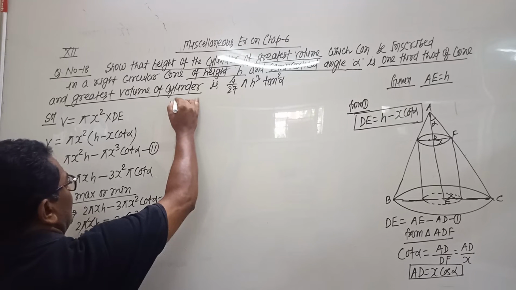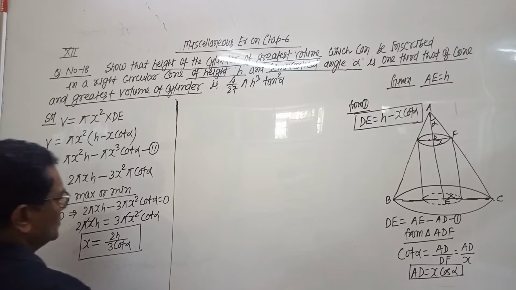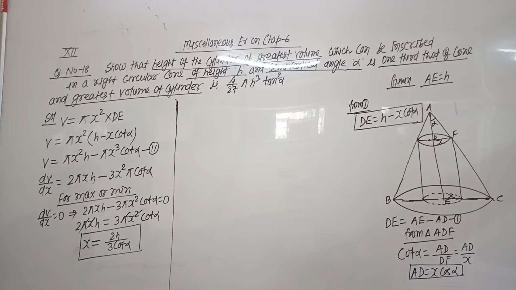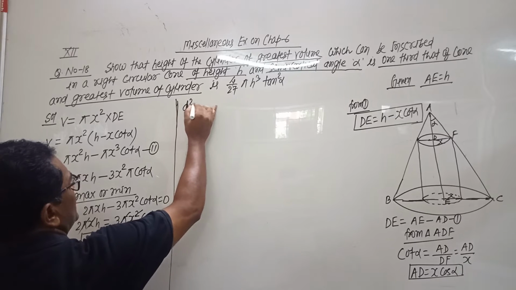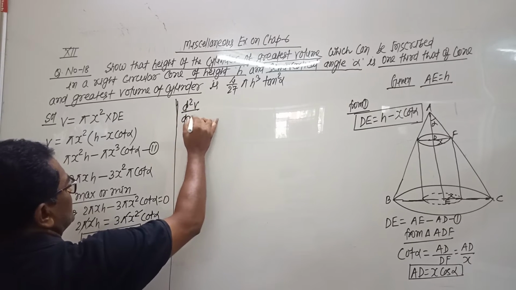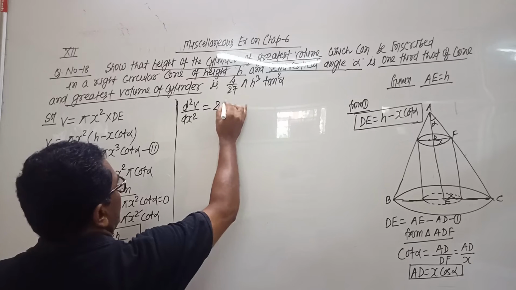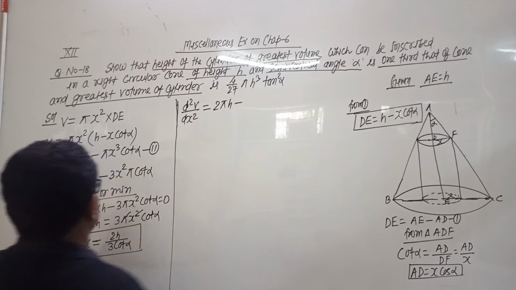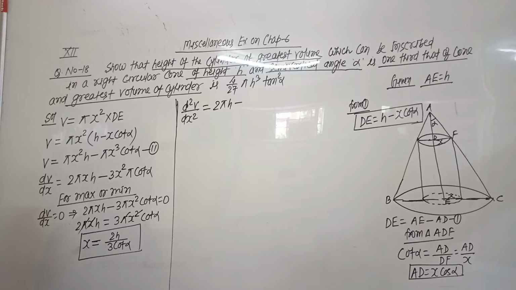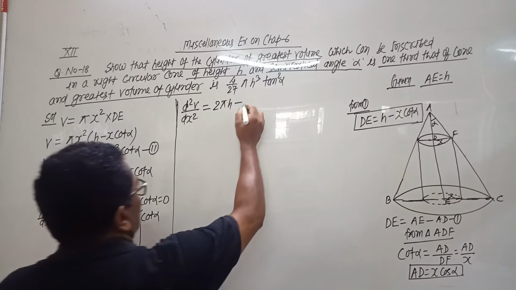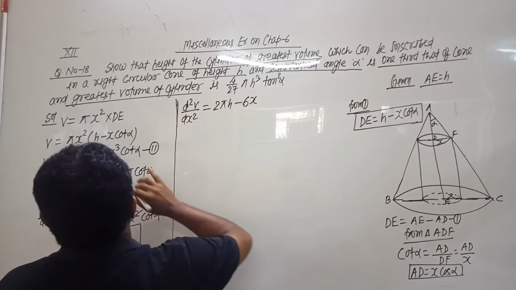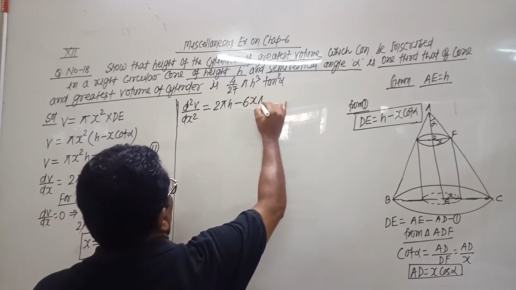Now to find whether the volume is maximum or minimum, we differentiate again. So d2V by dx square equals 2 pi h minus 6x pi cot alpha.